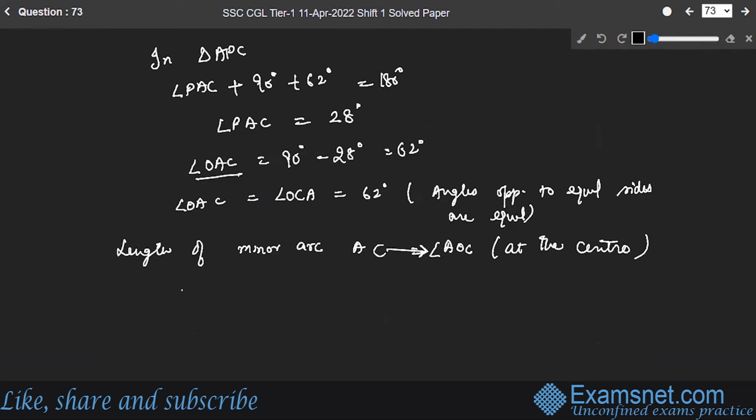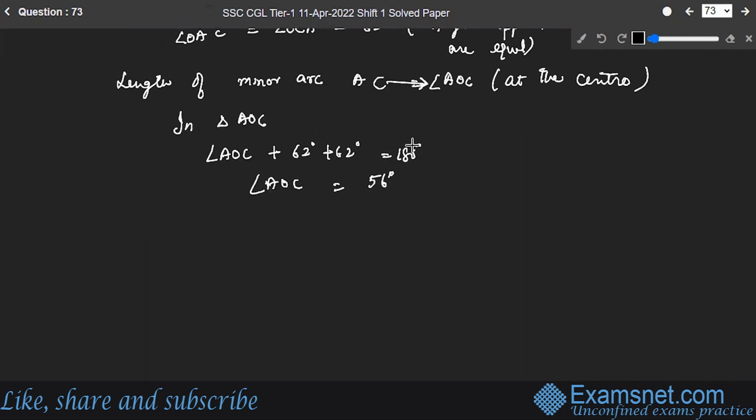So in triangle AOC, angle AOC plus 62 plus 62 is equal to 180 degrees, right? Which gives you AOC is equal to 56 degrees.